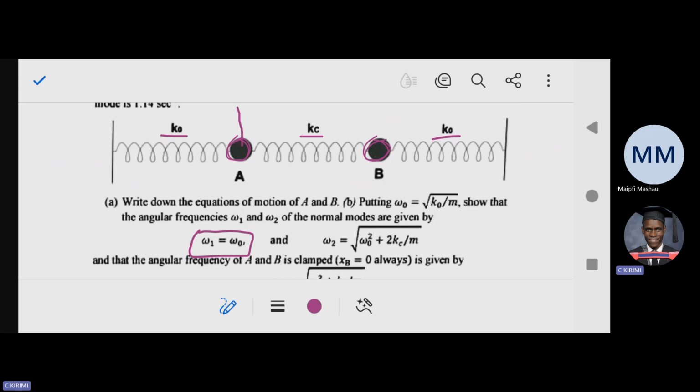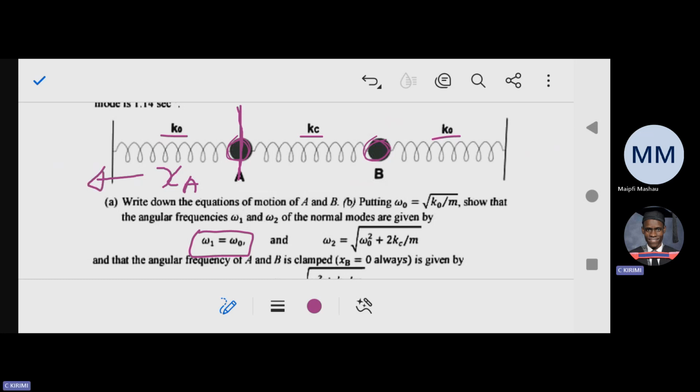If it starts to move in this direction, xA is now moving in this direction.